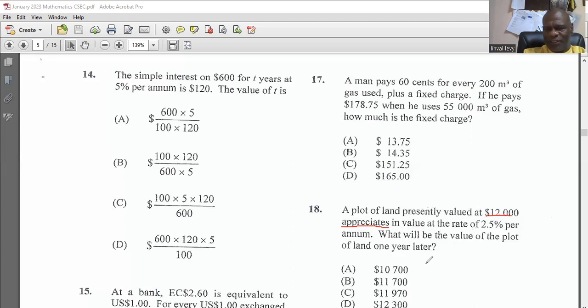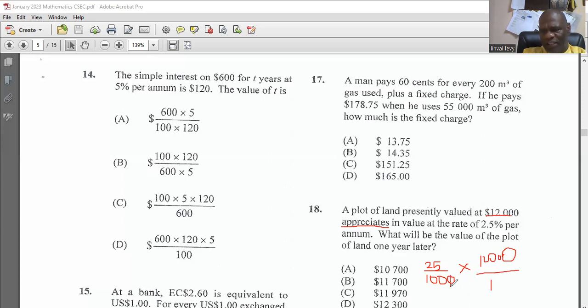Just to make sure we're working with whole numbers, 25 over 1,000 times 12,000 over 1.